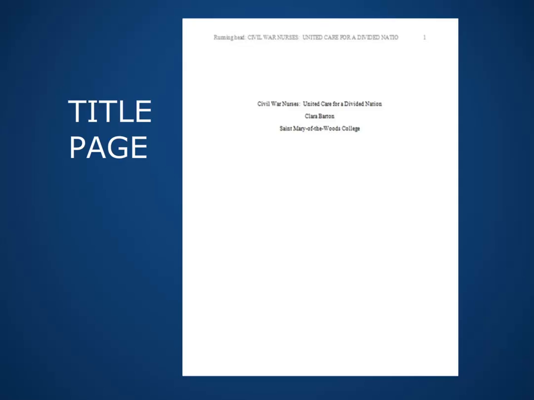They're not included in this. The institutional affiliation is on the third line. The institution here is St. Mary of the Woods College. Don't forget to hyphenate the title of the institution correctly, and also spell the word saint out.